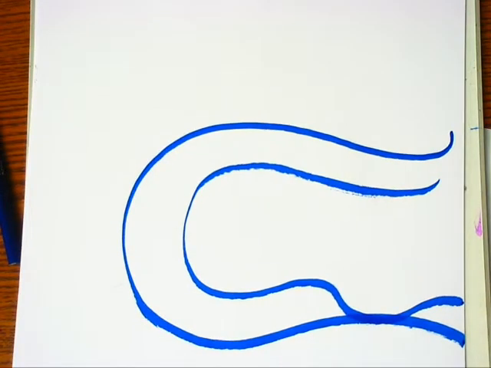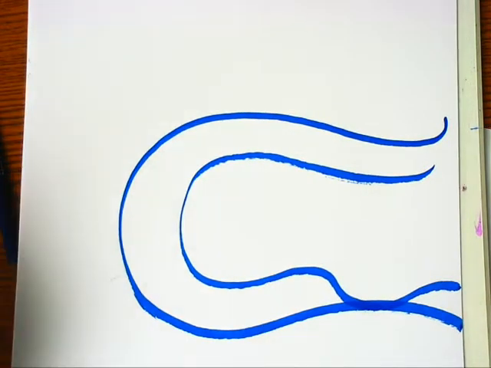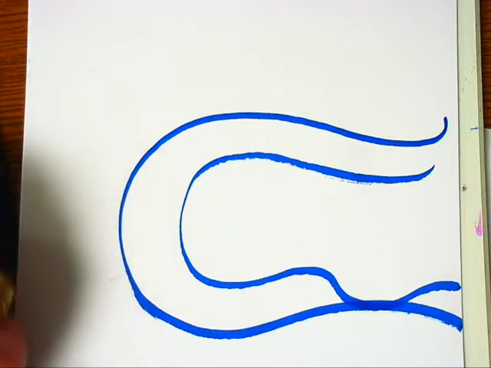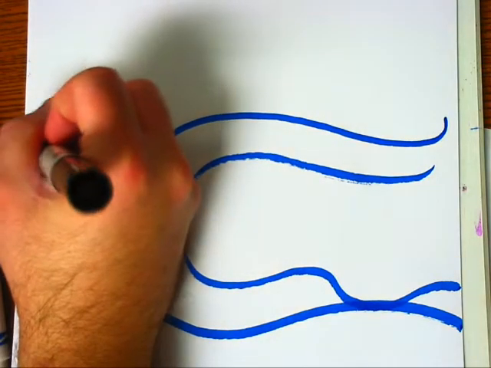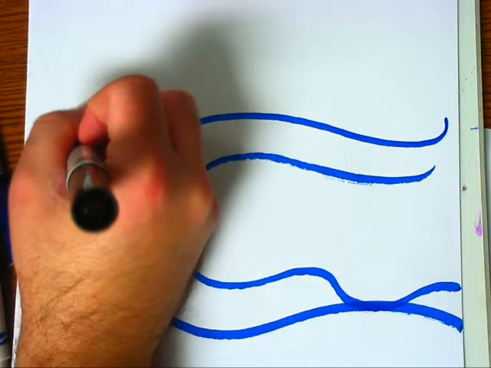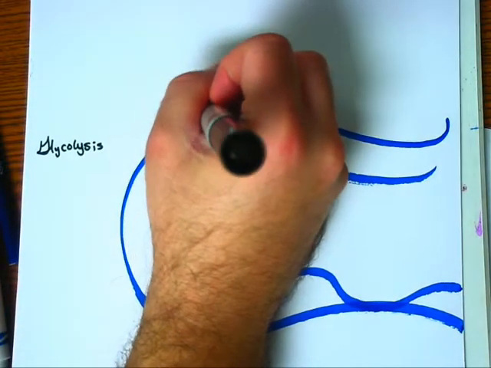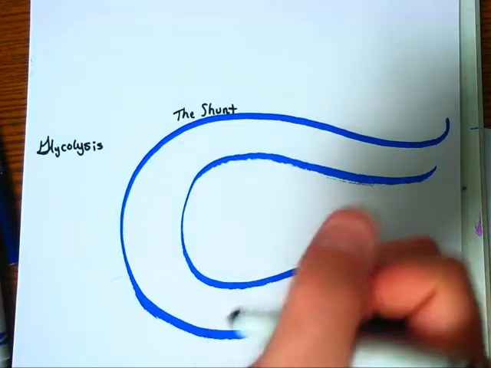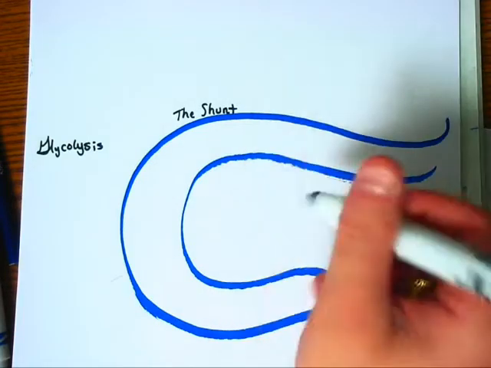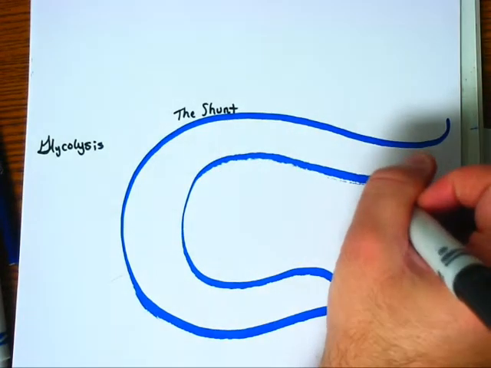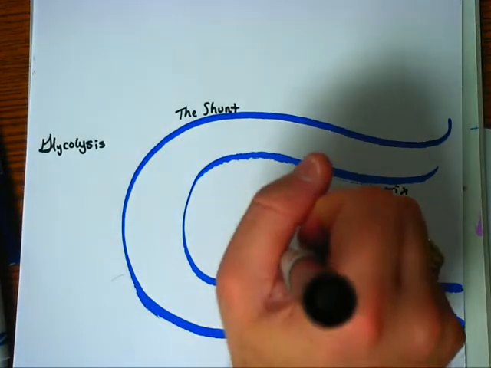I like to draw out a different picture each time just because it helps you identify the major pieces. So we had done glycolysis. We had done the shunt. And now we're inside the actual mitochondria, inside the matrix.